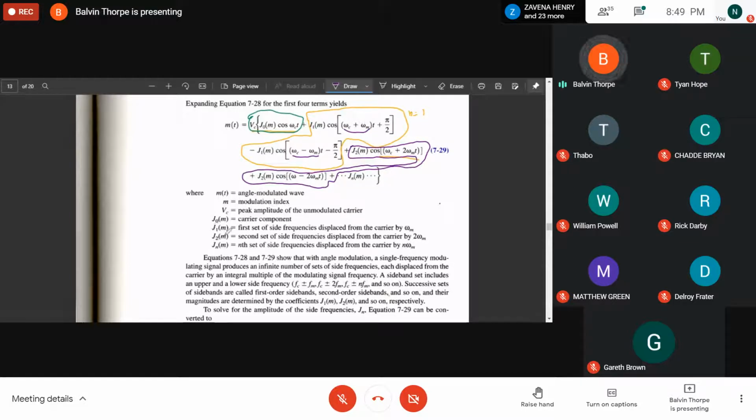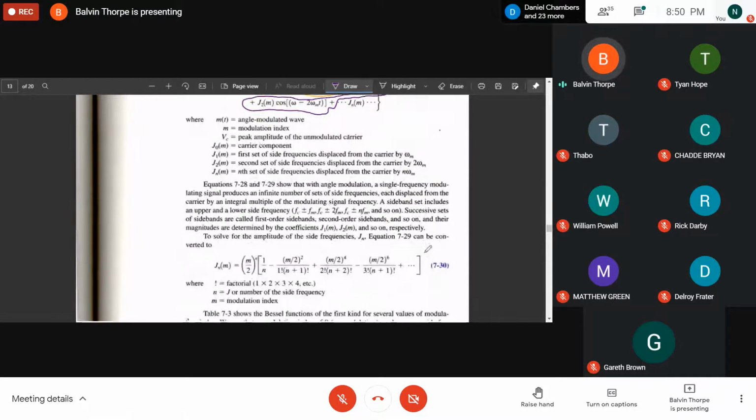And then when n equals 1, we get this in the yellow. This part in the yellow is the first set of side frequencies displaced from the carrier by omega m. When n is 2, it's going to be the second set of side frequencies displaced from the carrier by 2 omega m.